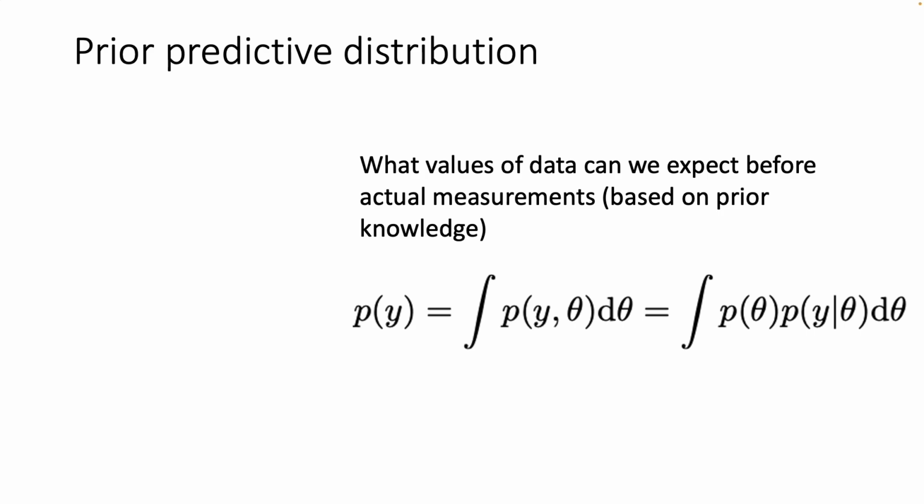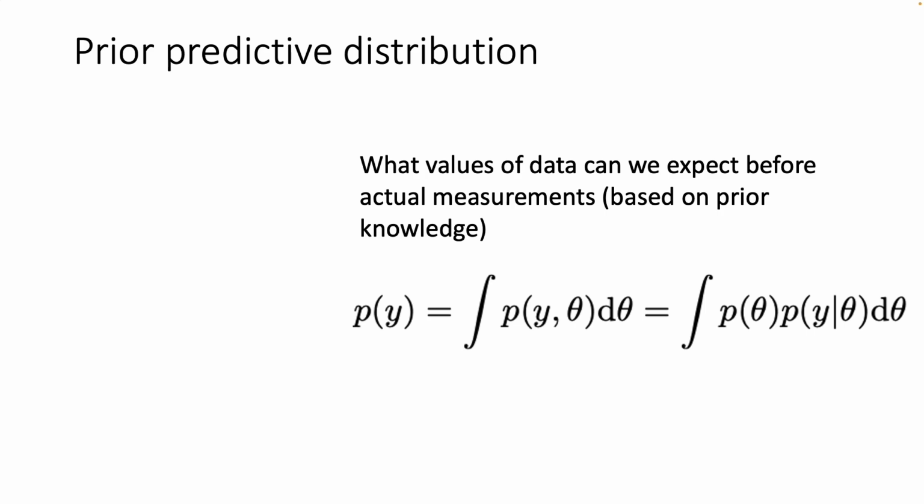So the prior predictive distribution is a very useful tool to see how the model is working. Today we won't be doing that, because today we are not sampling, we're just doing some basic computation. But this is our first test tool for our models.